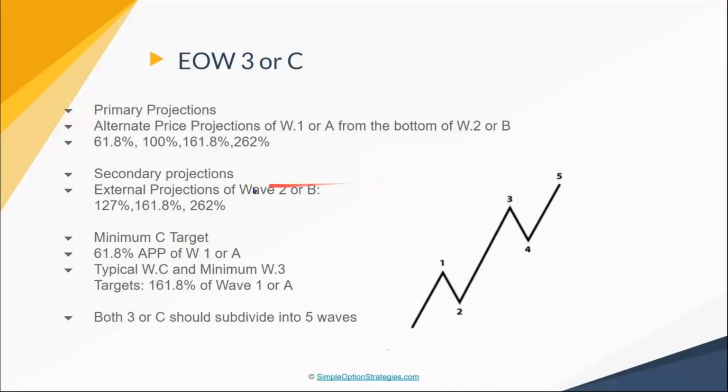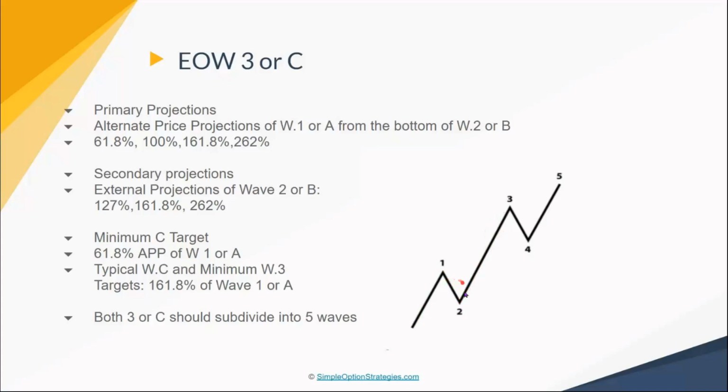Okay, secondary projections of a wave 2 or wave 3. What you do is you take the external computation from wave 1 versus 2 here, and you project that up. The other thing you can do here, folks, is that wave 3s are 5 waves: 1, 2, 3, 4, 5.